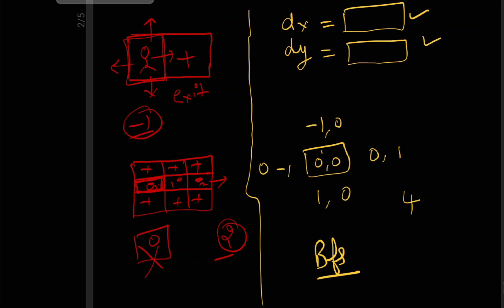And how will we apply it? First of all, I will take a distance and sx, sy. We will store the initial position of the girl in sx, sy.